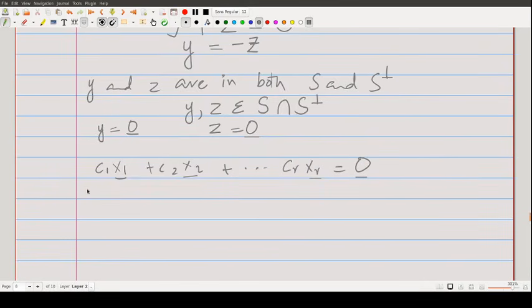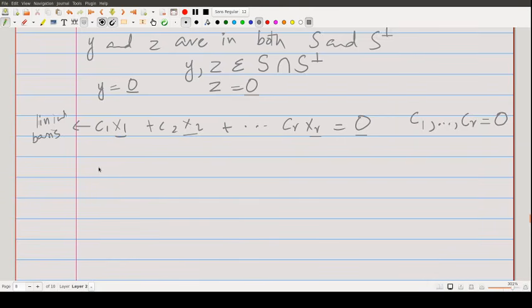Since these vectors are linearly independent, c1 up until cr are going to be 0, because they can only be 0 since these are linearly independent vectors which form a basis. So at least these ci's are guaranteed to be 0.